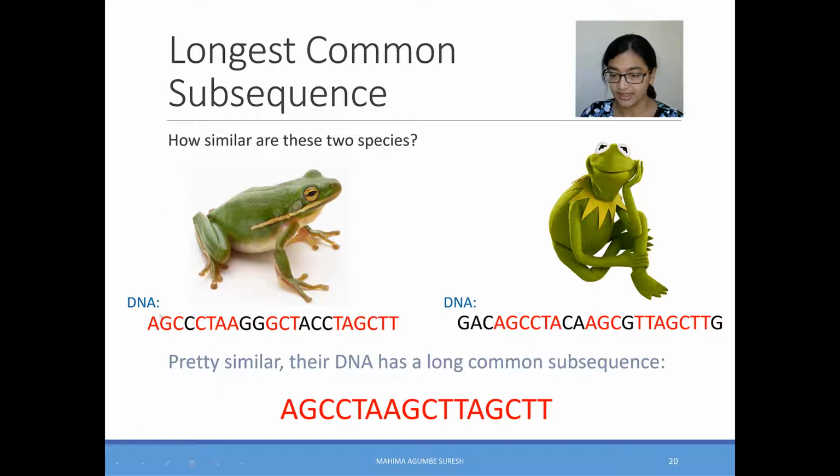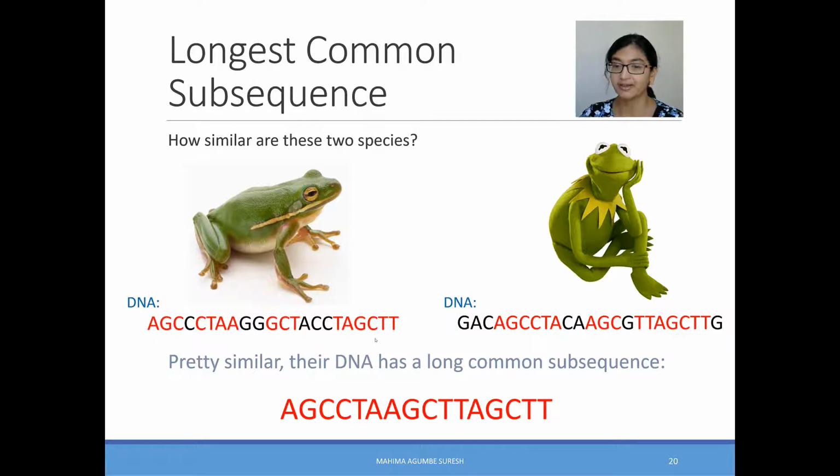So if you have a set of gene sequences, and you see that there is a common pattern, which is highlighted here in red, then they are pretty similar. And then there might be a score that you have to come up with for that. But the problem still remains that you need to find out what the longest common subsequence is here. Still not mathematical enough for us to solve.